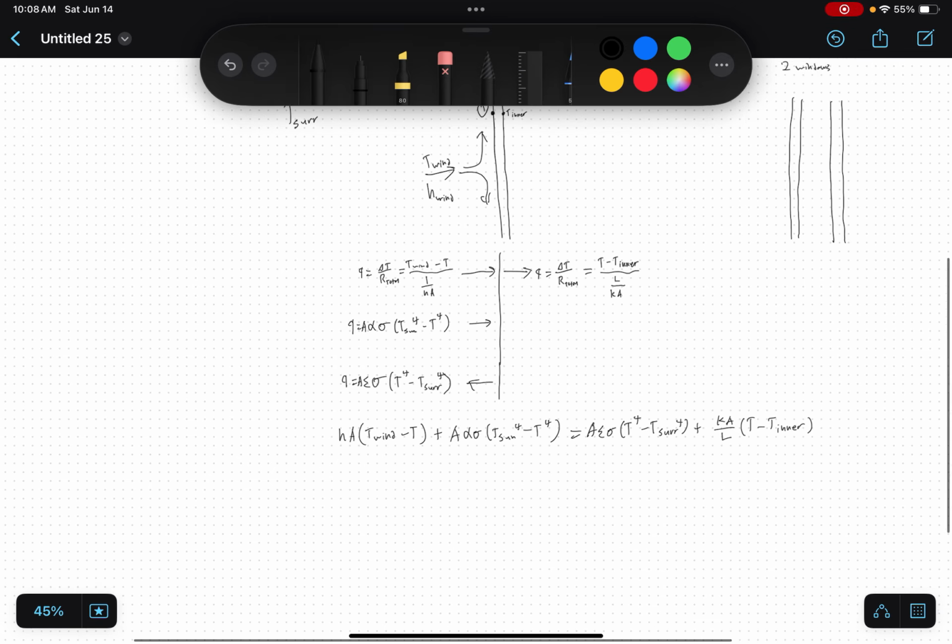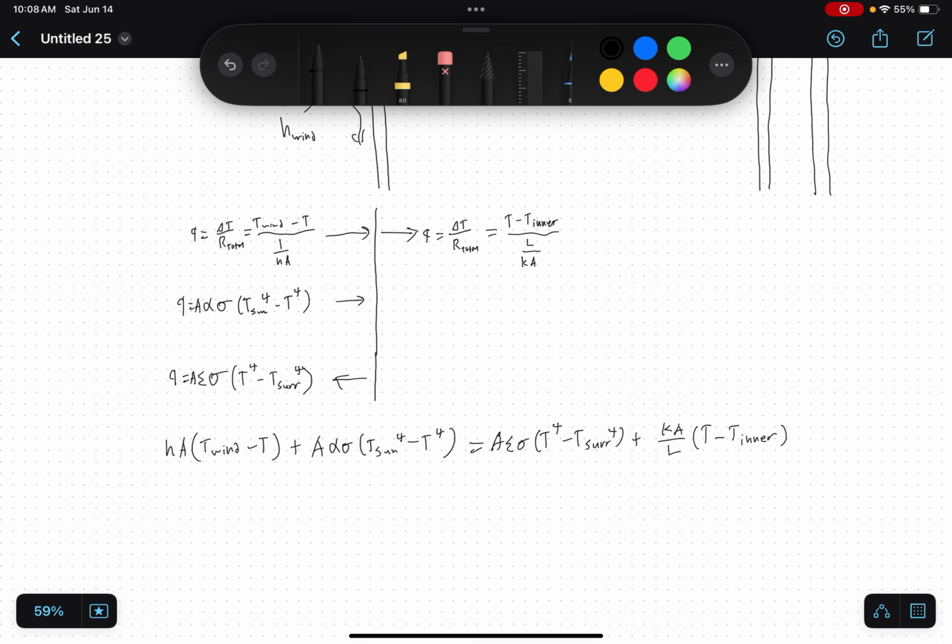Everything in this equation is known except for T, and we could just solve for T.